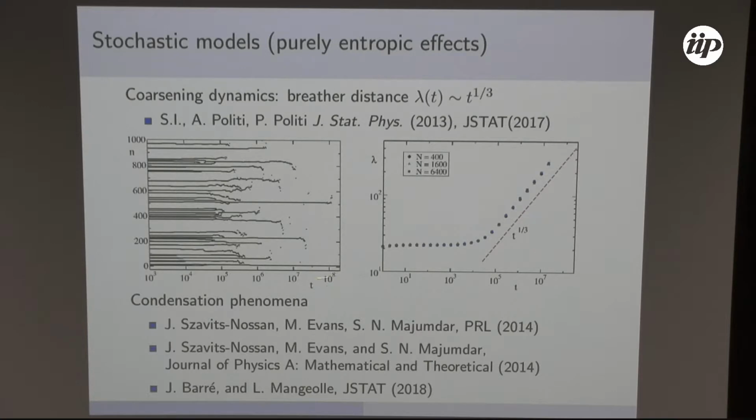Okay, so the equilibrium state is here, and if you compute the average breather distance as a function of time, you see that this distance increases in time with a subdiffusive exponent that is 1/3. So this actually corresponds to a coarsening dynamics of breathers.